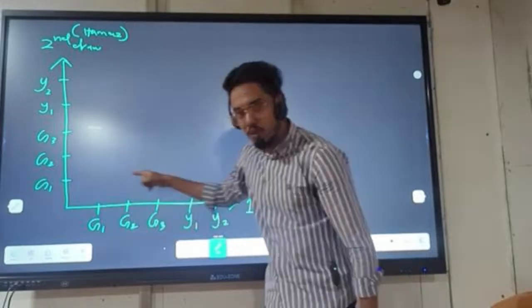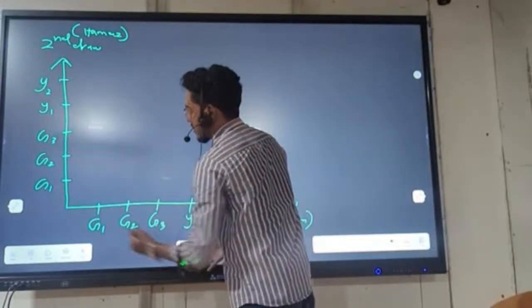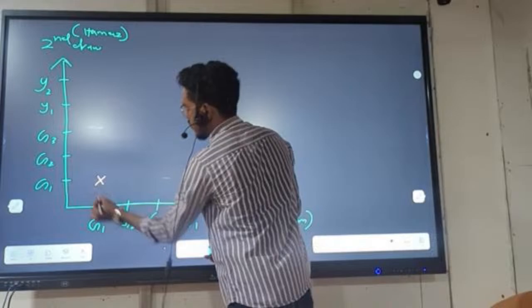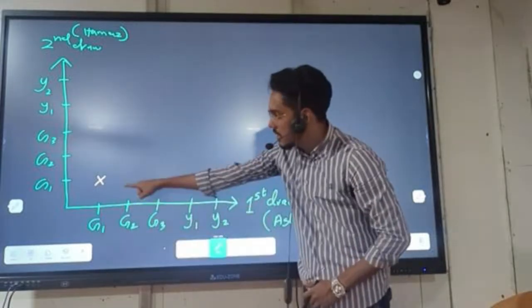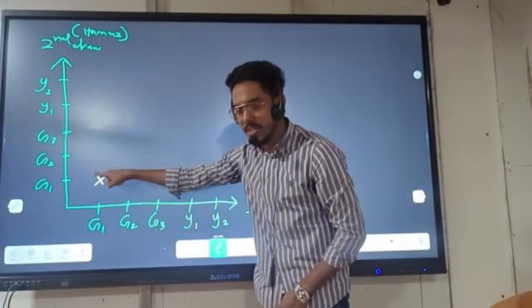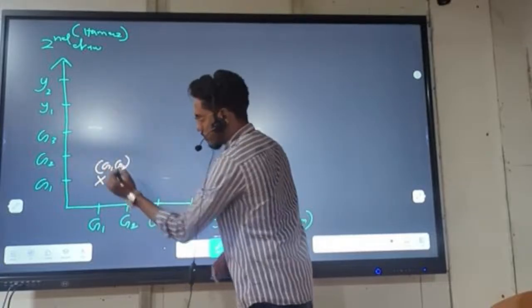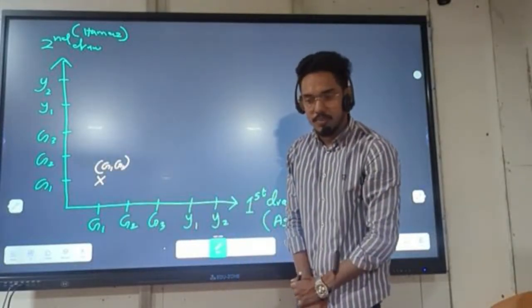So instead of writing it as G1, G1, I can simply cross over here. I can mark this point because this is a sample space. This X means G1, G1. Is that point clear?